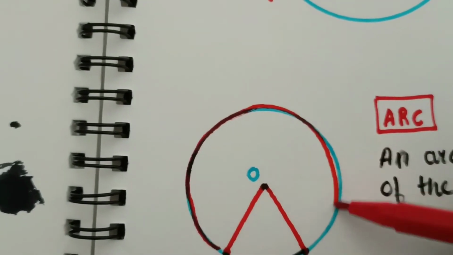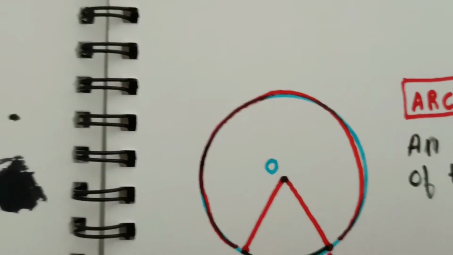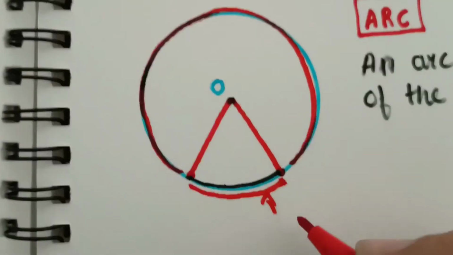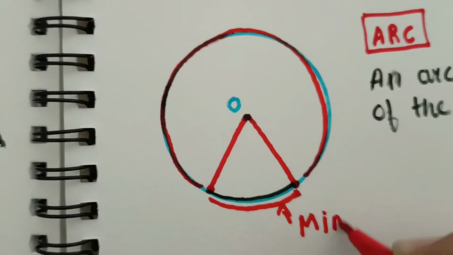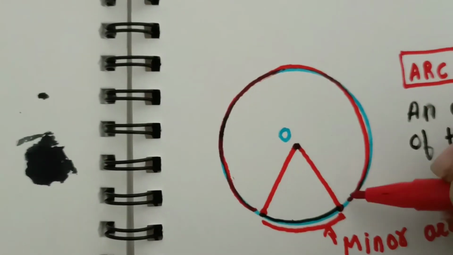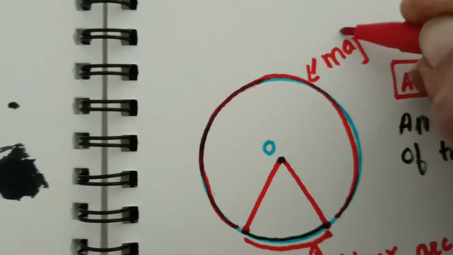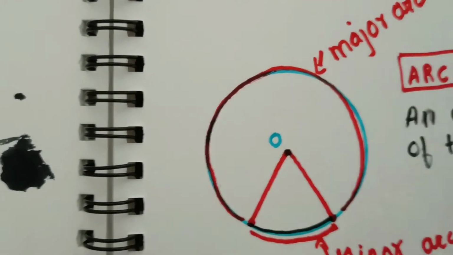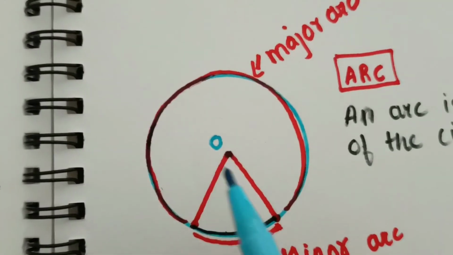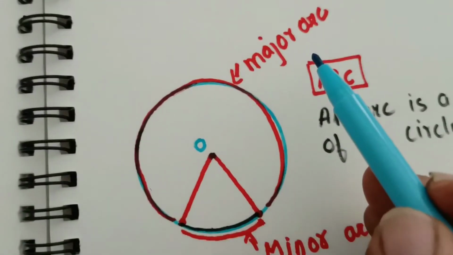We simply name the small arc, this arc, as the minor arc, and the remaining portion of the circle is known as the major arc. So now we know what a minor arc and a major arc are.